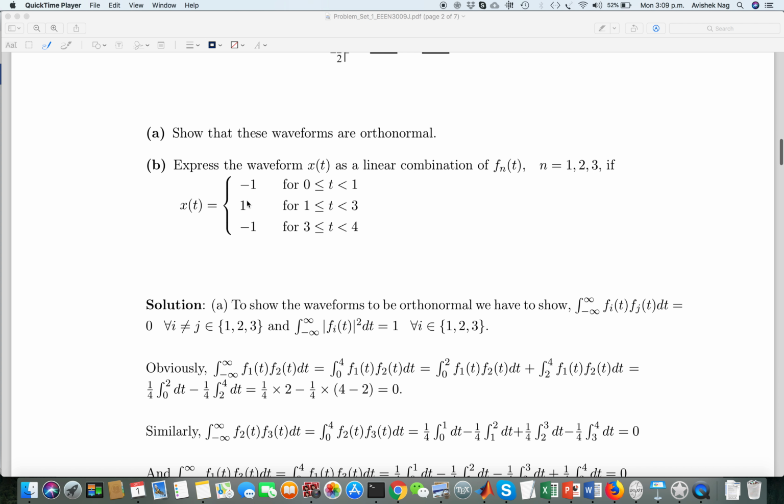So that might work for you, but sometimes for a large number of intervals, for example in this case x(t) had 3 intervals, if you have a large number of intervals, you might end up having a large set of equations, and sometimes you might get confused and stuck in solving them.